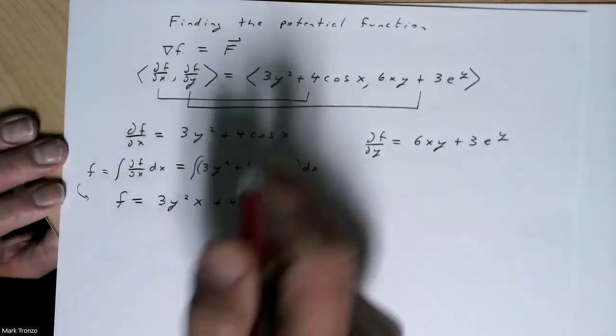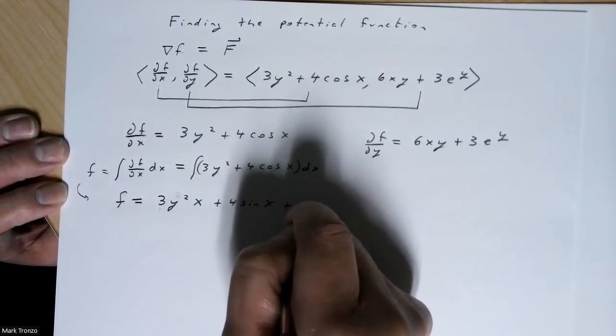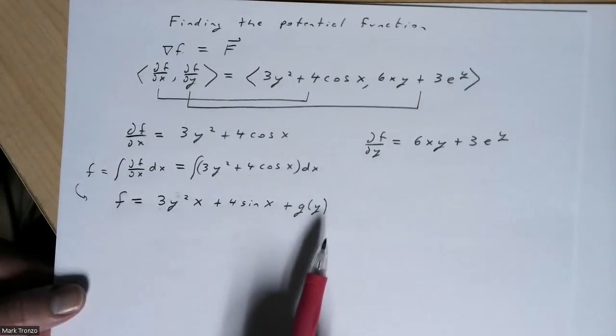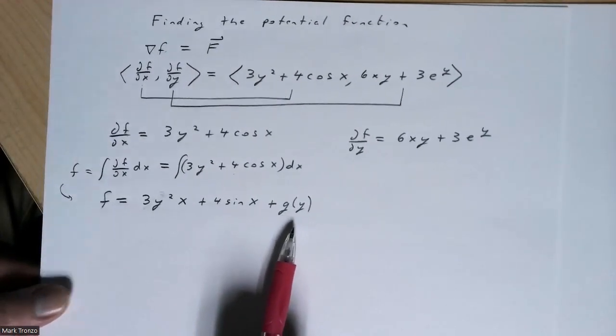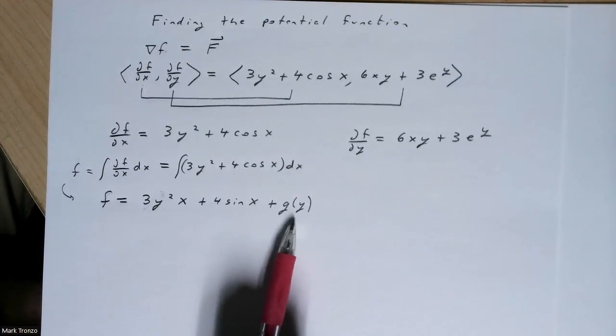So this could not only be a constant, but could also possibly be any function of y. This would be a function of y, could be constant and or have the variable y in it.